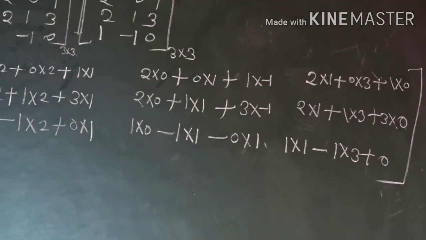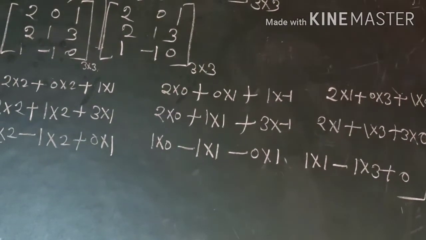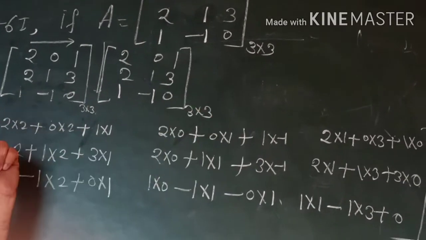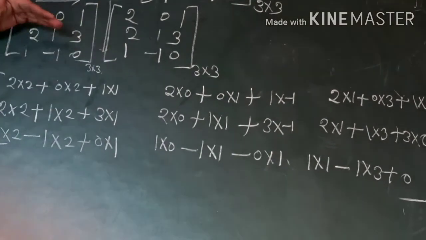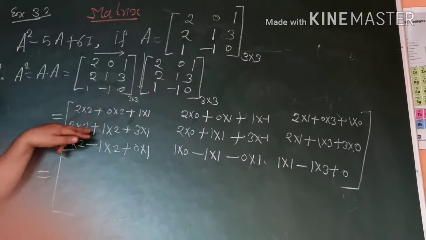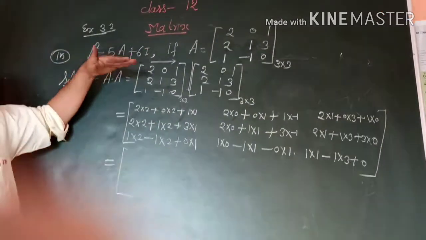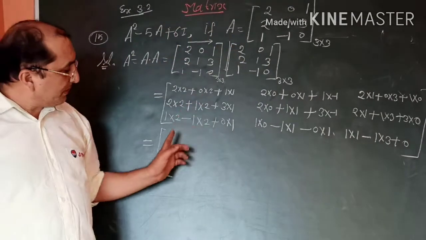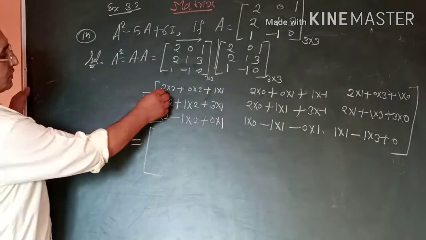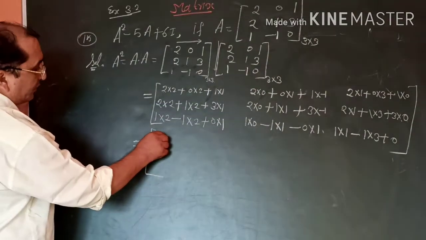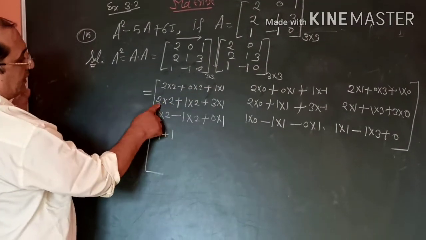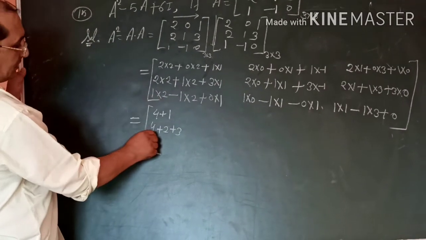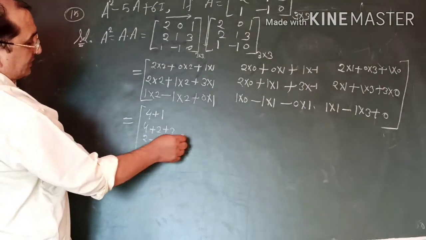This is the multiplication of the two matrices. First row, first column, second column, third column will form the first row. Second row entries form the second row, and third row entries form the third row. Then solve it. 2 twos are 4 plus 0 plus 1; 4 plus 2 plus 3; 2 ones are 2 minus 2 plus 0.